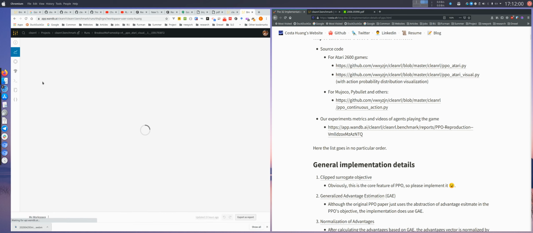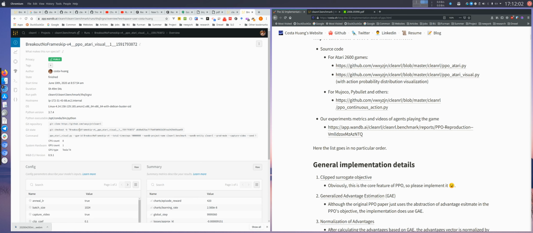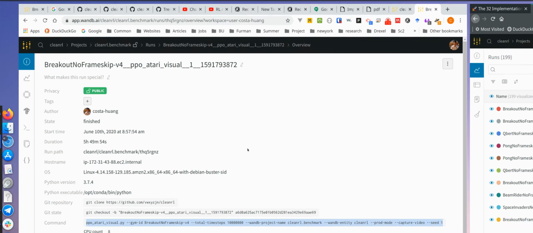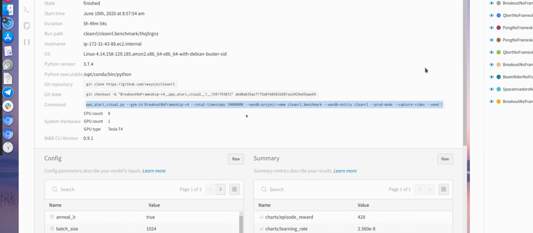So if I click on this and overview, oh, interesting. So this is something that only I can see, it appears. There might be something that I can do about that. But essentially, you just copy this command, and you should be able to reproduce the results.